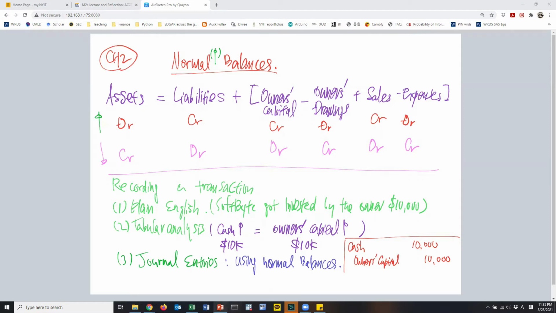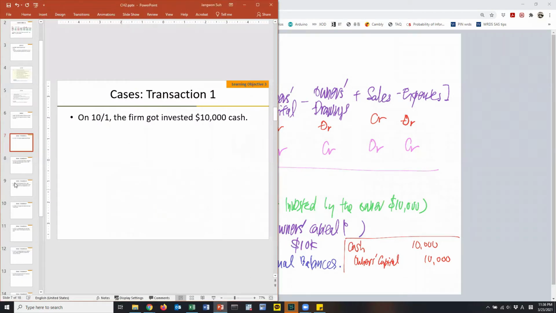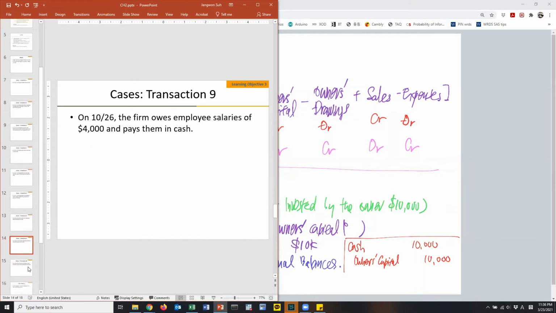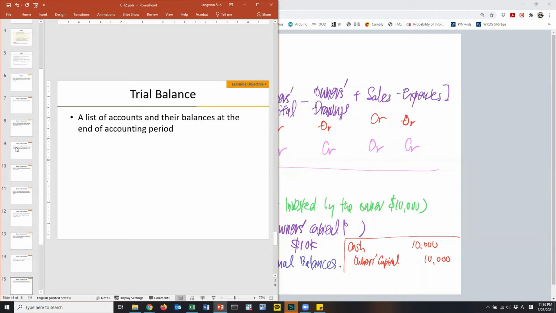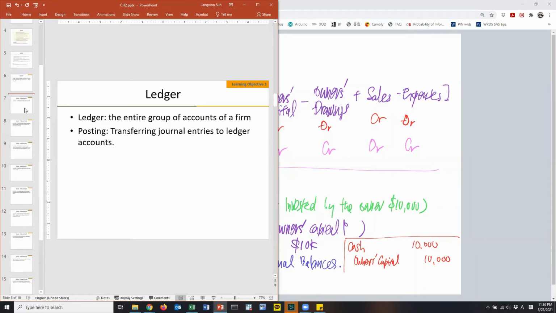From now on, we will use cases that are presented in the Weygandt et al. textbook. Transaction number 1, 2, 3, 4, 5, 6 to 10 transactions. Let's look at them one by one.